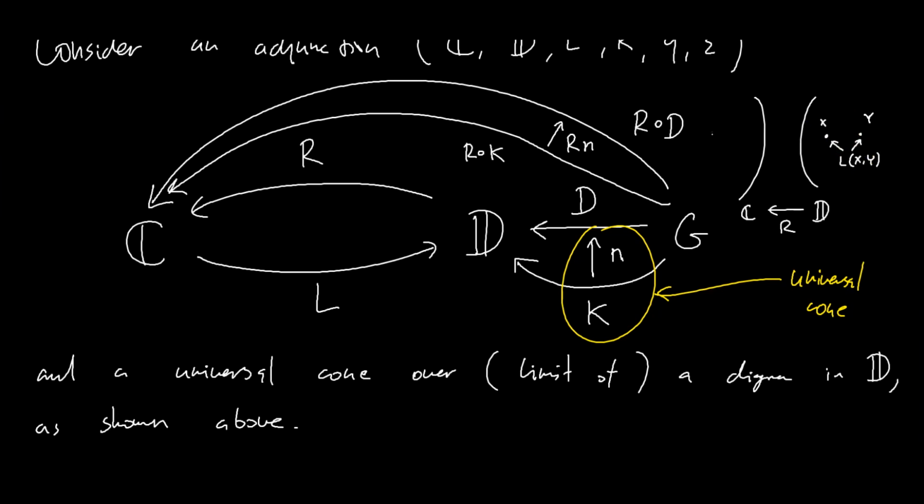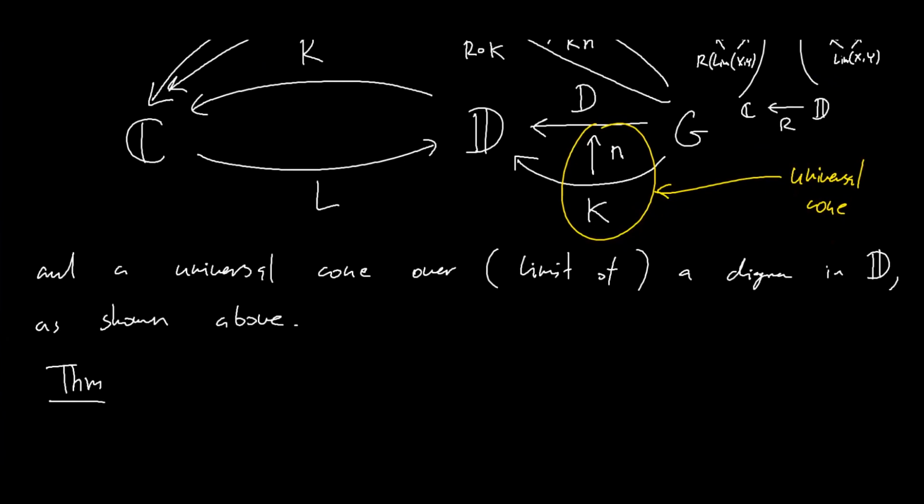I will get R of X here, R of Y, then here we'll have R of the limit. Now it shouldn't be called L because L was used for left adjoint, so let's call it lim, R of lim of X, Y. And I could apply R to my pi1 and pi2 to get R of pi1 here and R of pi2 here. So basically I get this cone here, the cone Rn.